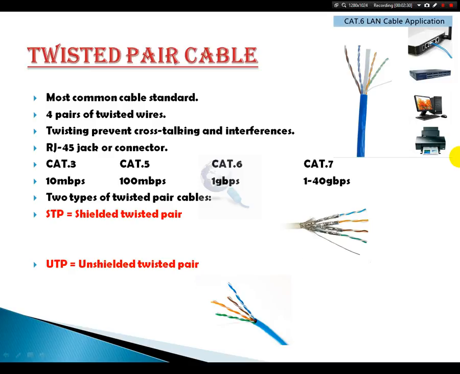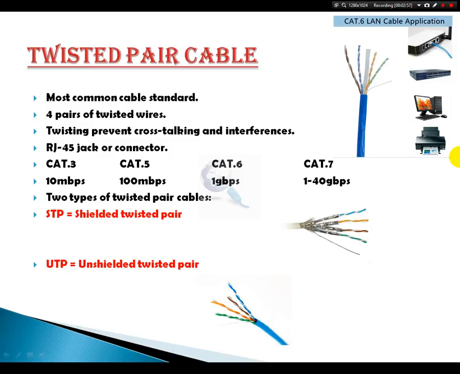These twisted pair cables come in many categories. Cat3, which was designed for 10 megabits per second, Cat5 100 megabits per second, Cat6 1 gigabit per second, and Cat7 1 to 40 gigabits per second. Now these categories have subcategories.